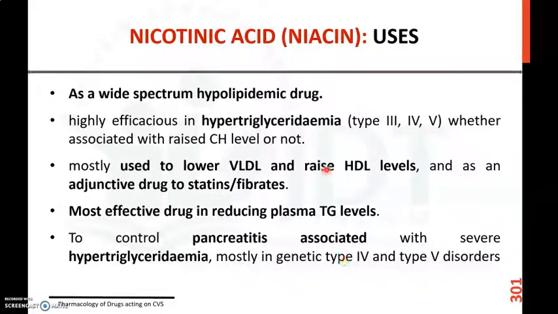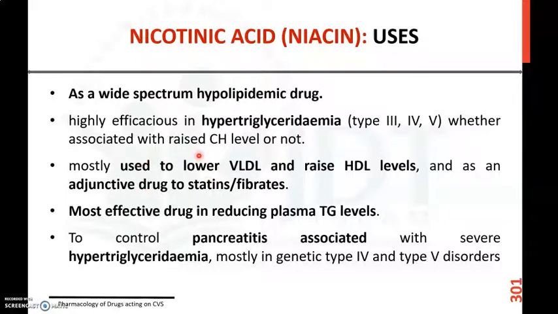Now coming to uses, nicotinic acid is a wide spectrum hypolipidemic agent, and it is very efficacious in type 3, type 4 and type 5 hypertriglyceridemia, whether it is associated with a raised cholesterol level or not.